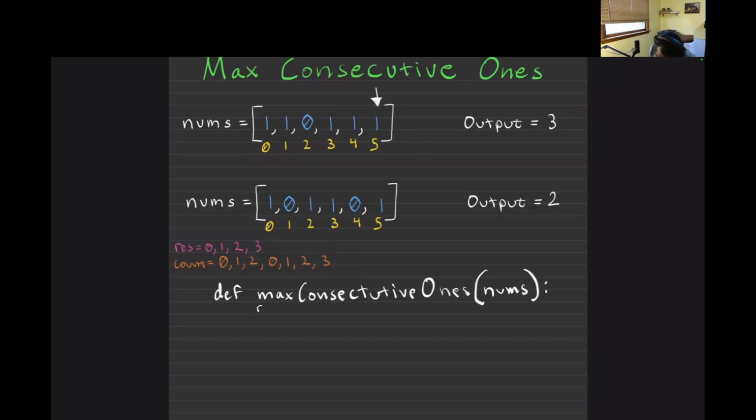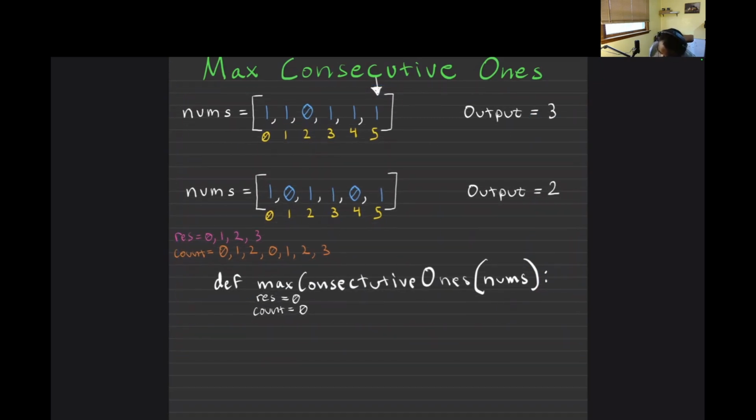So we'll have res equal to 0. We'll have count also equal to 0. And let's just bump everything up a little bit more. All right. So we're going to iterate through here. You can use a regular for loop or a range for loop. I'll just use a regular for loop.